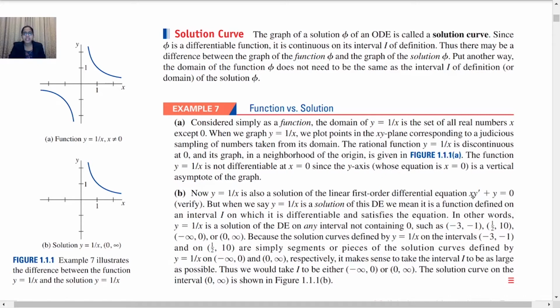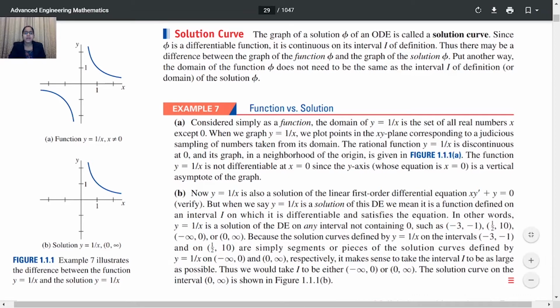That is x into dy by dx plus y is equal to 0. First we'll find y dash and we'll substitute in this and see whether it is equal to 0. That was the previous example, so you can just verify it. So y equal to 1 by x is actually a solution of this differential equation.